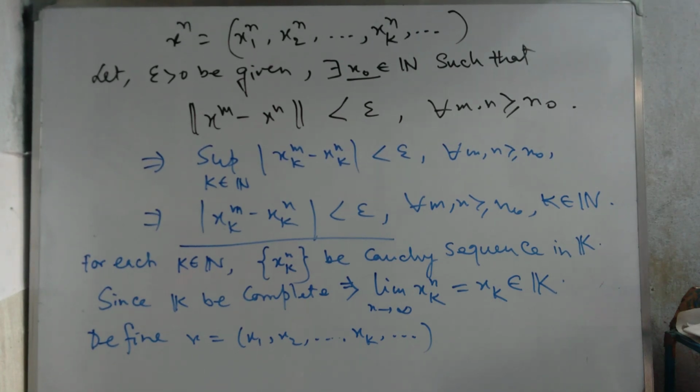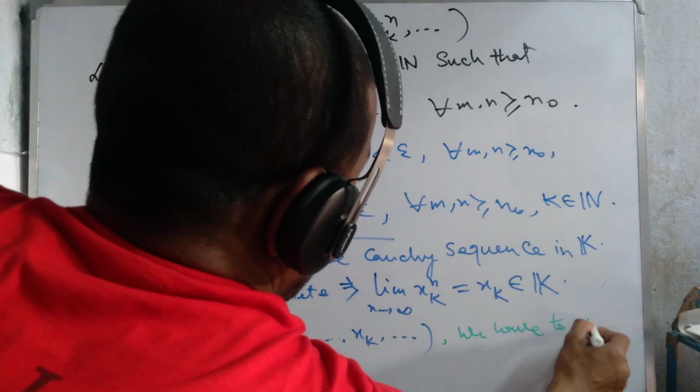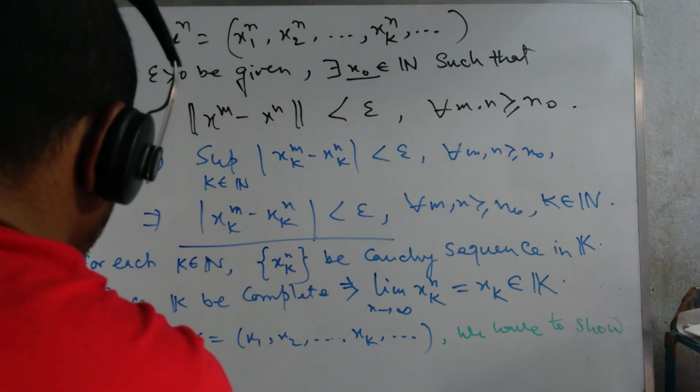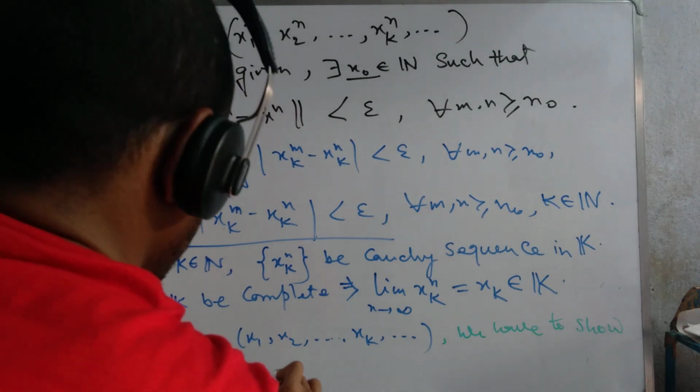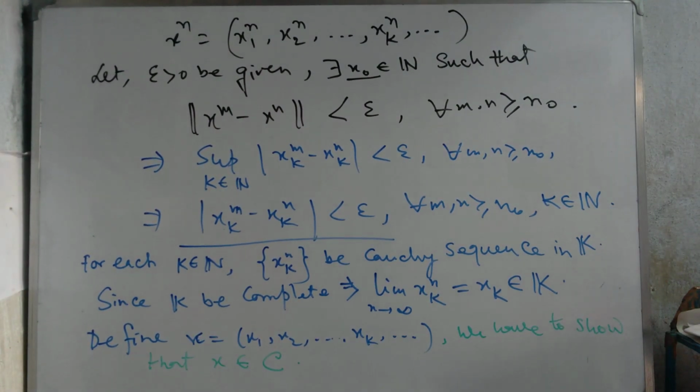We have to show that this x belongs to C. If we prove this one, then our necessary condition is done, or our proof is done. So what do we do now?